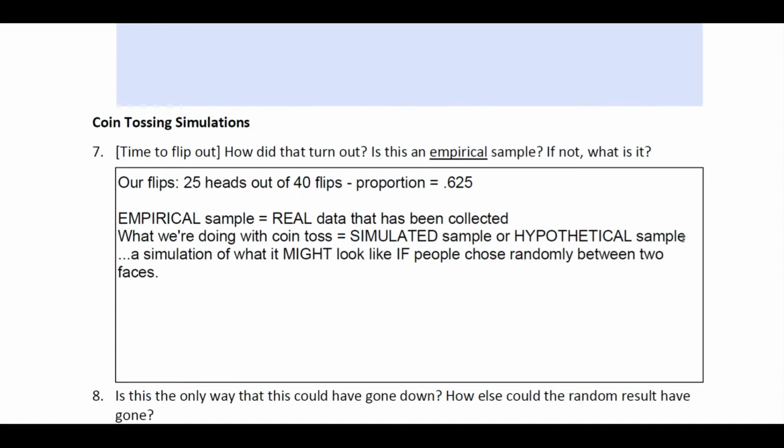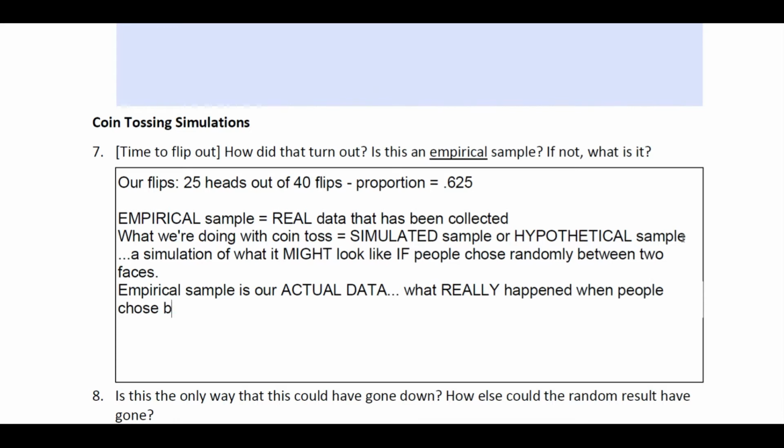Now, an empirical sample, like I said, is our actual data. This is what really happened when people chose between the two faces. This is because empirical really means observable or based on experience. So if you hear someone talking about empirical research, that means that they collected a sample of data and looked at what happened.